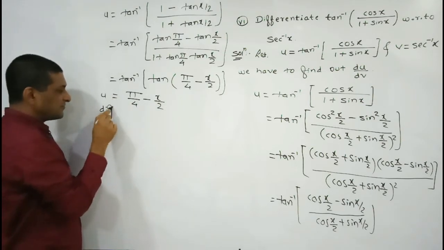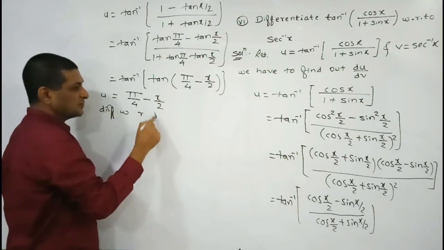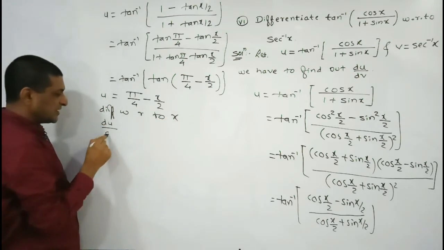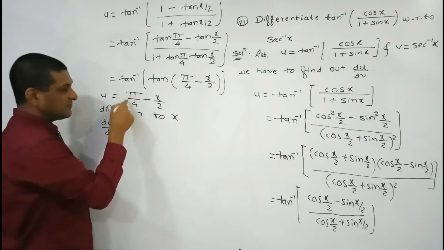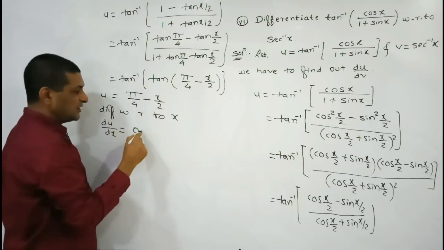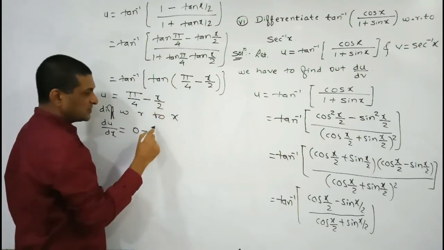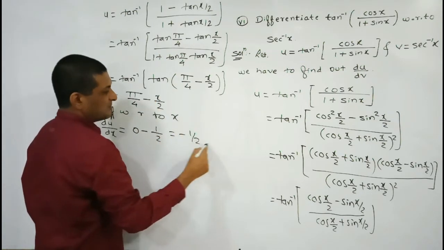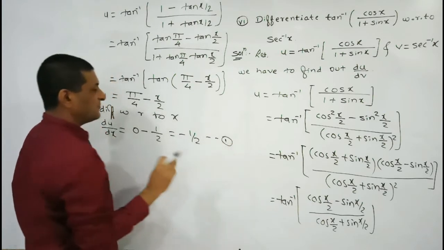So now we are differentiating u with respect to x. The derivative of u with respect to x is denoted by du upon dx, and here the differentiation of pi by 4 is 0, minus 1 by 2 is a constant term, the derivative of x is 1, not necessary to write 1 here. So minus 1 by 2 is our first required value.